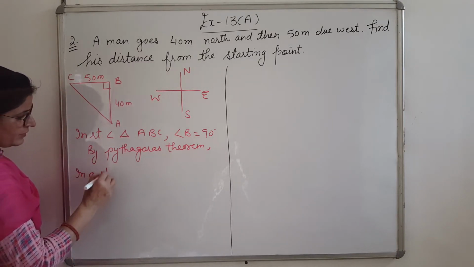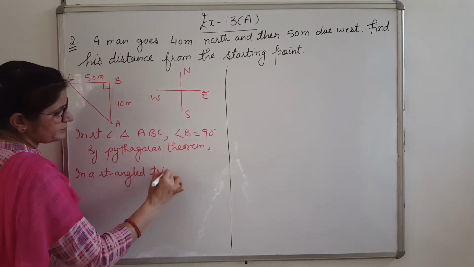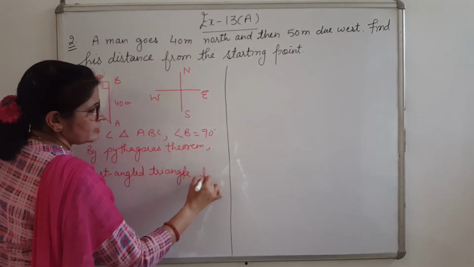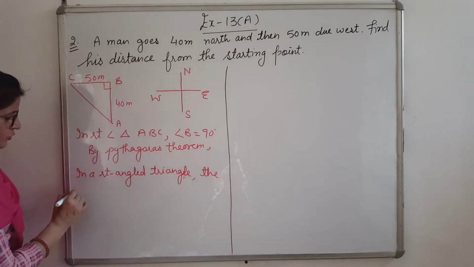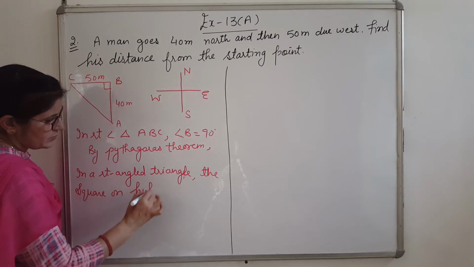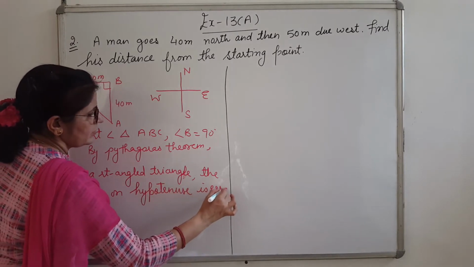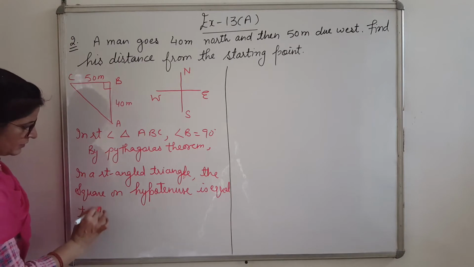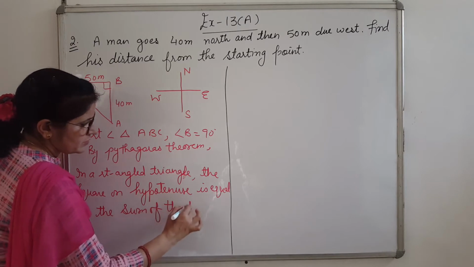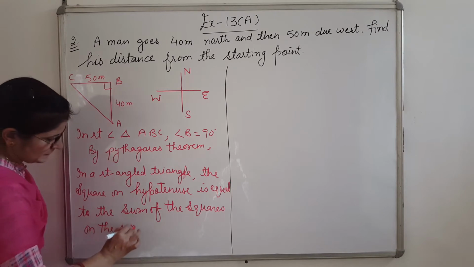In a right angled triangle, the square on the hypotenuse is equal to the sum of the squares on the remaining sides.